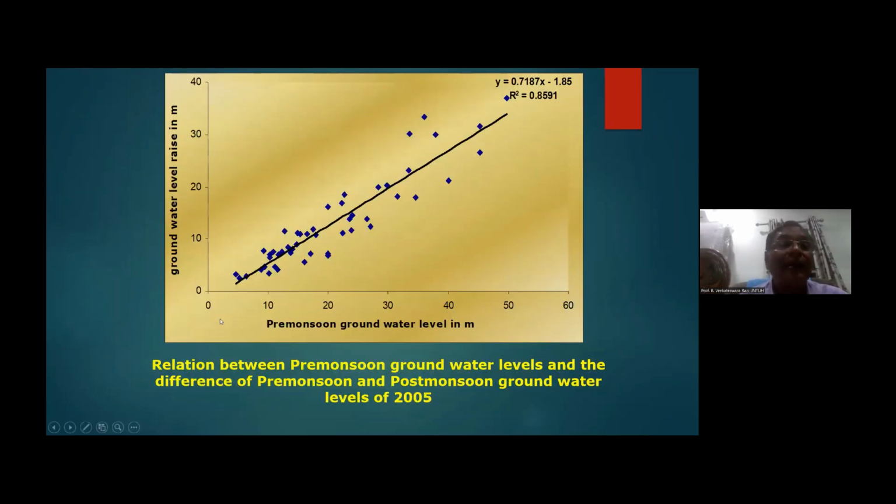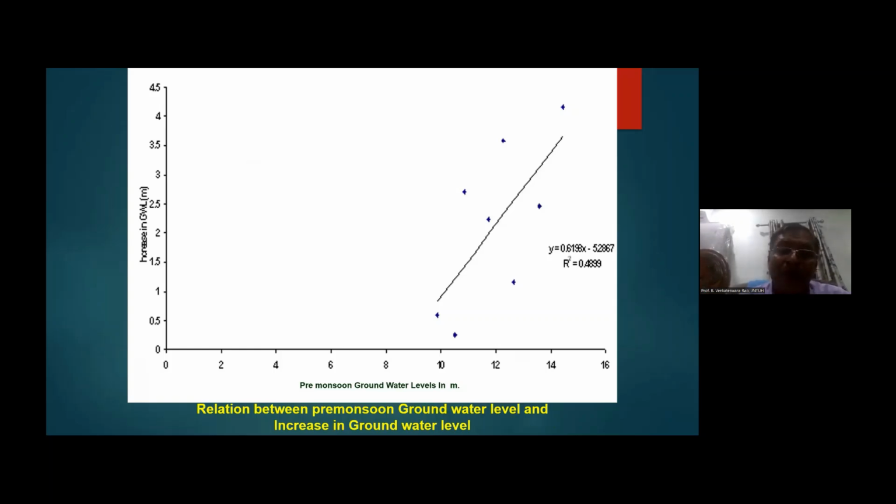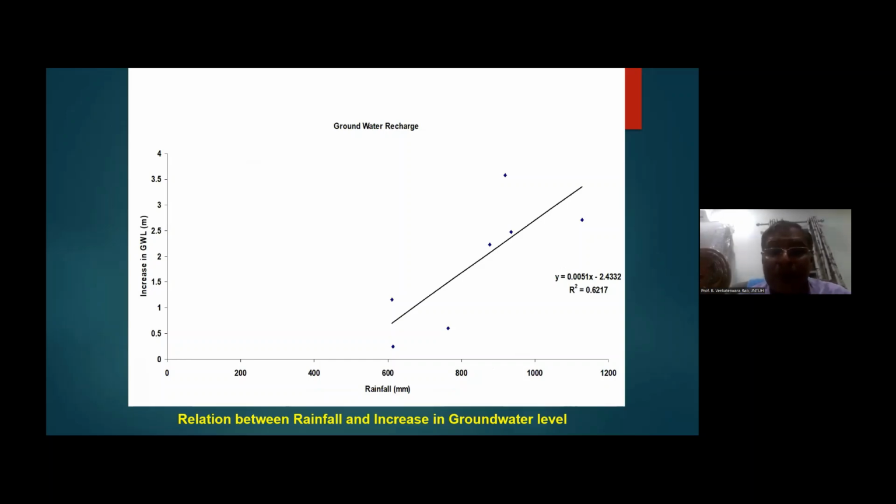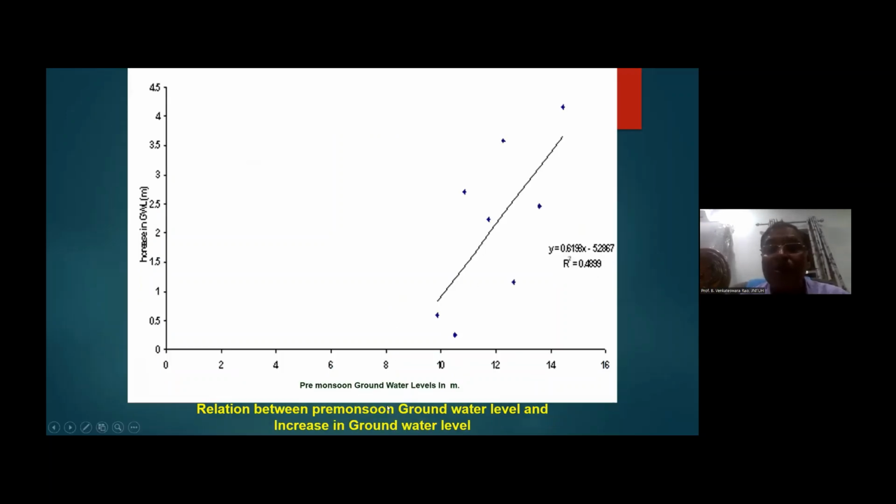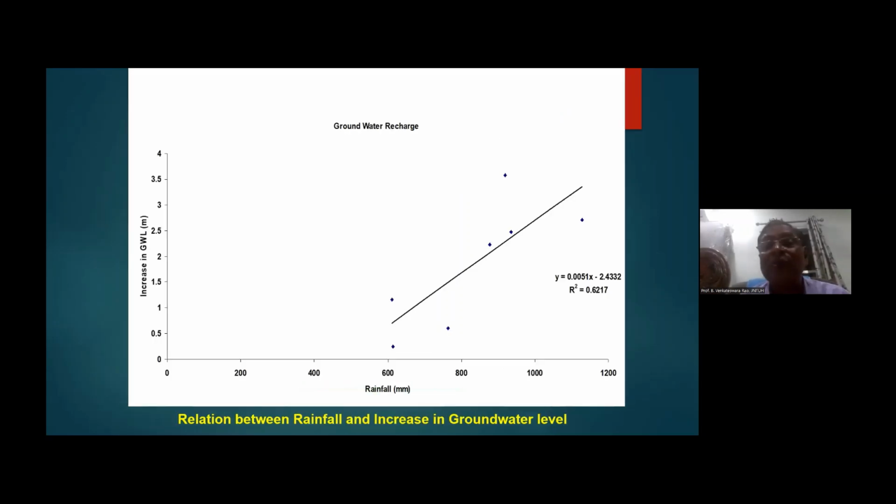The groundwater levels rise more when there is a deeper water table. That is how we have established this relation between pre-monsoon groundwater levels and the increase in groundwater levels. And this is the relation between rainfall and the increase in groundwater levels. If you observe these two graphs, it is the pre-monsoon groundwater level that influences the rise. That means the correlation is more with the pre-monsoon groundwater level than with the rainfall itself. Those are some of the physical factors.